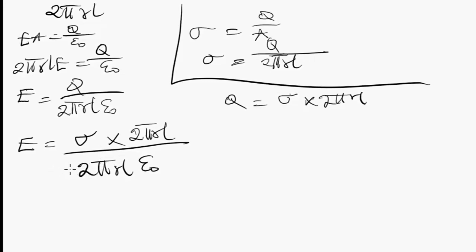Now, see how simple it can be. We can cancel off this, and then E now becomes sigma over E naught, or the surface charge density over E naught.